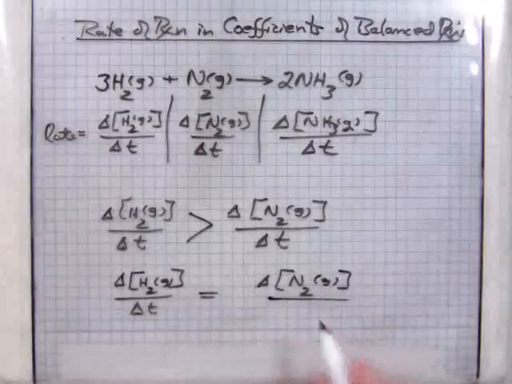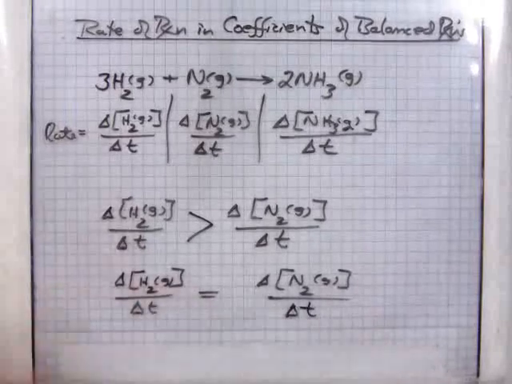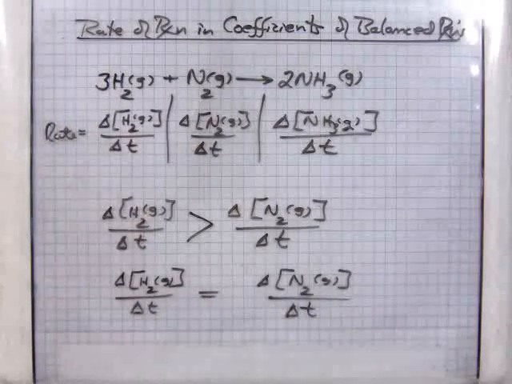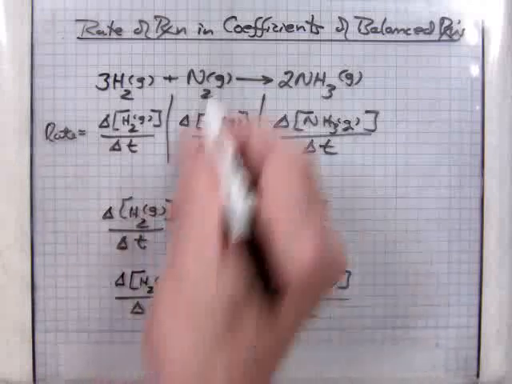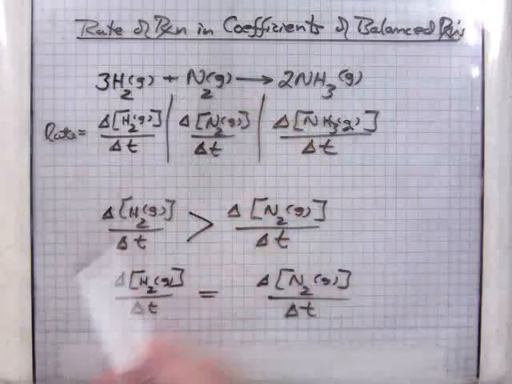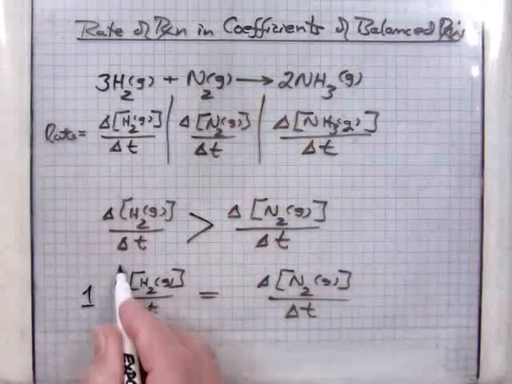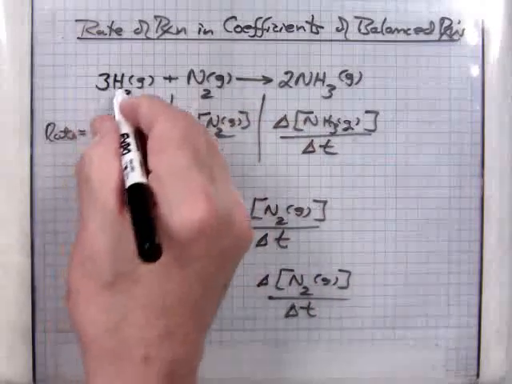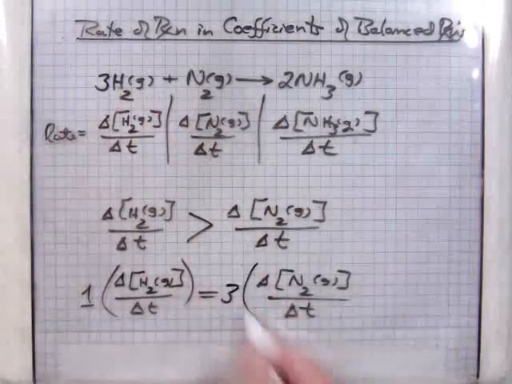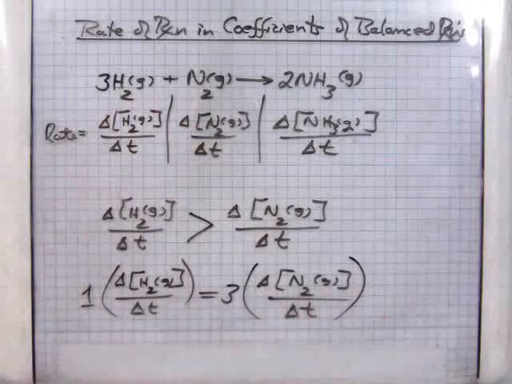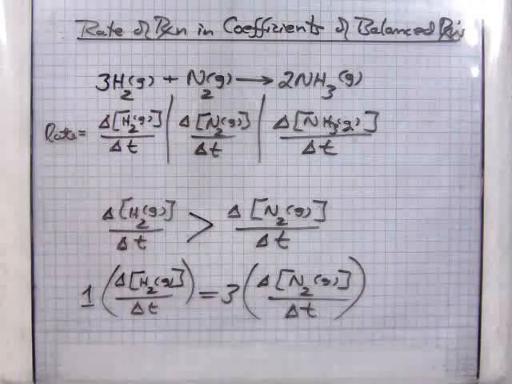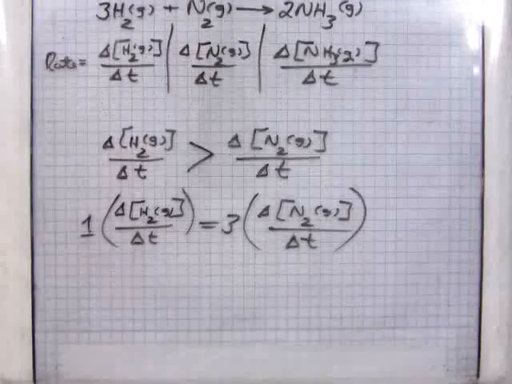And problems will give you at least one of the two rates, and then you solve for the unknown. Okay, so the coefficient of nitrogen is 1, so we'll put a 1 over here. And the coefficient of hydrogen is 3, so we'll put a 3 there. So now, if one of them is given in the problem, you solve for the unknown. See the point?